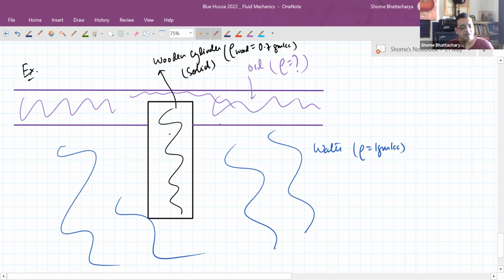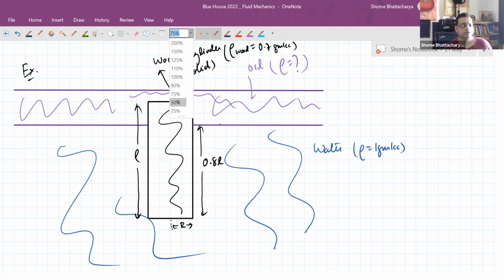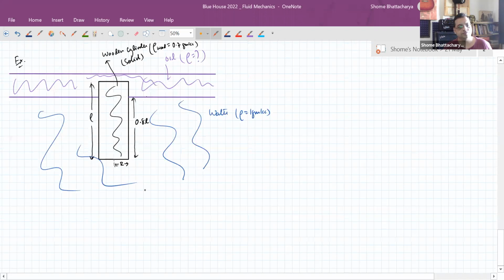Now what is happening is that 0.8 of its length remains submerged in water, and the radius is r. So it floats in this position.